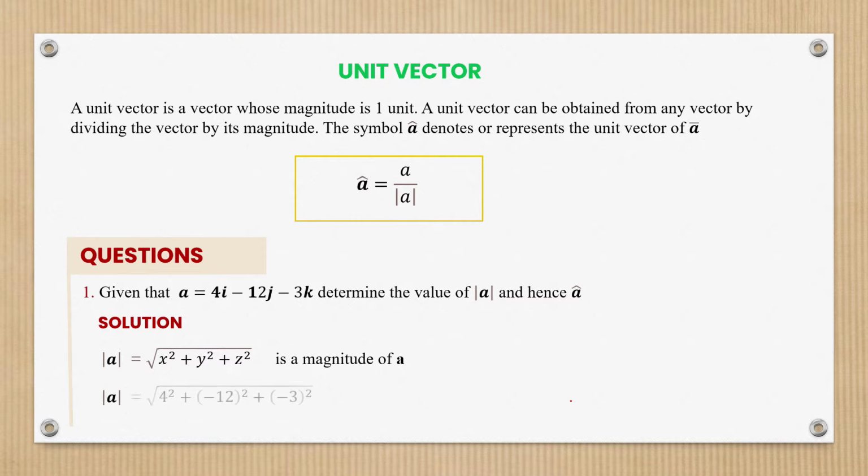So the magnitude of A shall be equal to the square root of 4 squared plus negative 12 squared plus negative 3 squared.